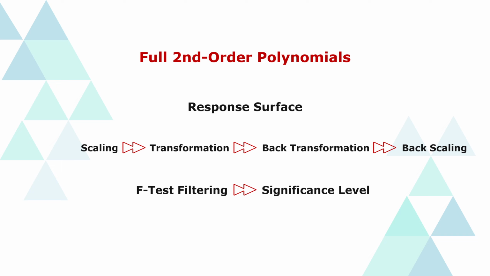A polynomial consists of several terms containing modified input parameters multiplied by coefficients. The value calculation of these coefficients determines how effective its corresponding term is in estimating the output parameter. The F-test checks the effect of the term against the significance level as a measurement criteria, and, if necessary, filters out the less effective terms.